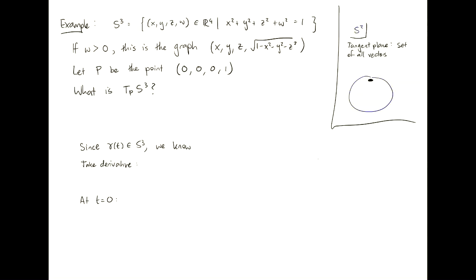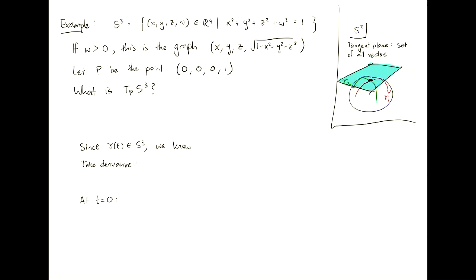And if I think about all the paths that can pass through this point, you might get gamma 1, you might get gamma 2. You've got all of these paths passing through the point. The tangent plane at the very top of the sphere is a horizontal plane. Okay, you can kind of visualize that, and our definition of the local linear approximation would tell us exactly that.